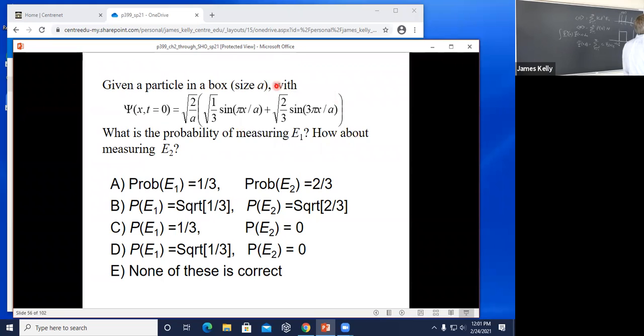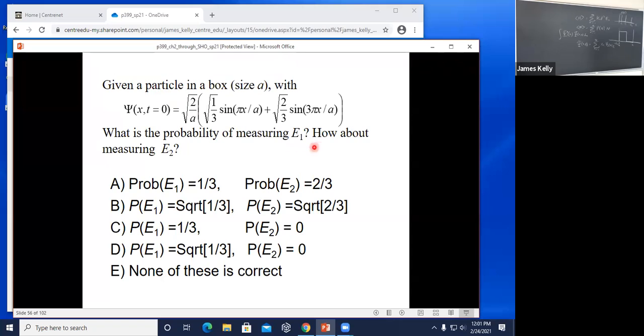Now you've got to kind of carefully inspect this. And remember the fact that the magnitude of Cn squared corresponds to the probability of a particular energy being measured. And of course, the only non-zero probabilities correspond to the allowed energies. All the other probabilities would be 0. So there are two questions being asked here, and the answers are on the left and on the right.